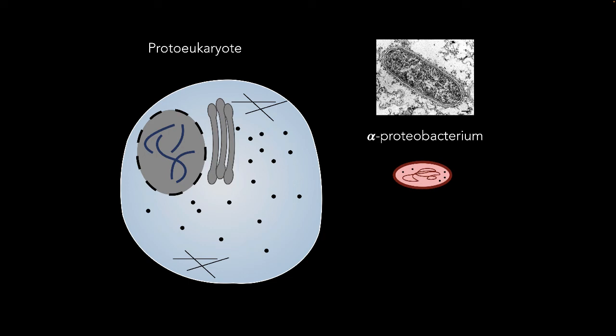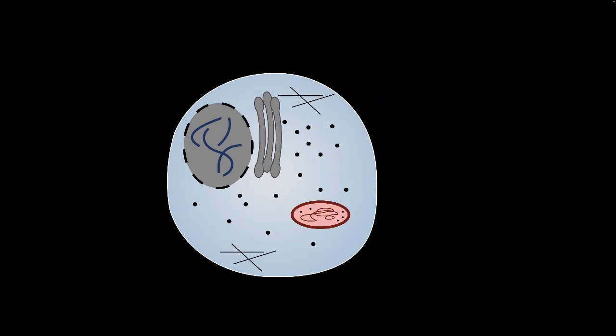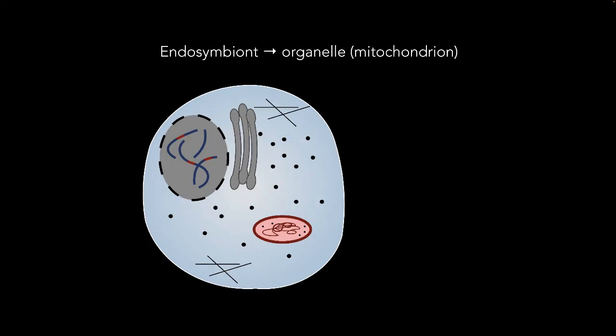The ancestors of eukaryotes engulfed one or more of these bacteria, and over many generations they eventually gave rise to the mitochondria. Just think about that. You've got what are really kind of bacteria living inside all of your human cells and giving you the ability to turn food molecules into the energy that you need to sustain life.